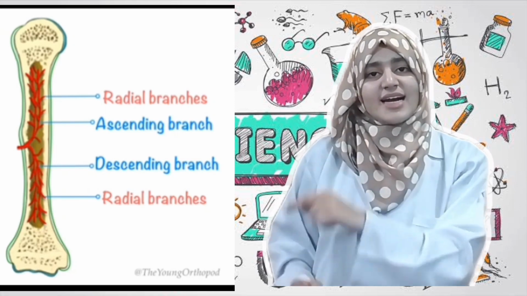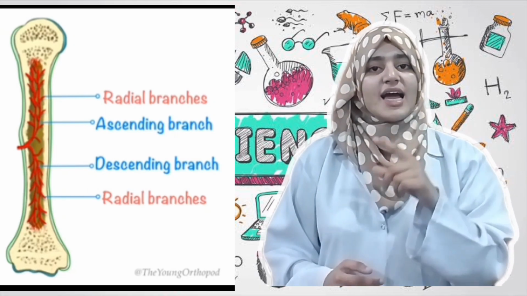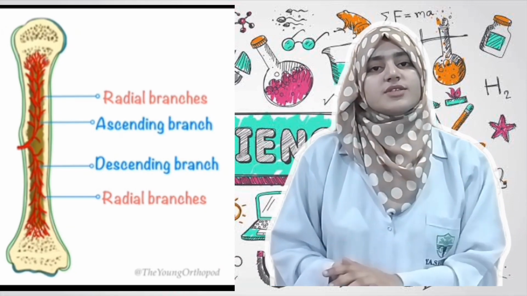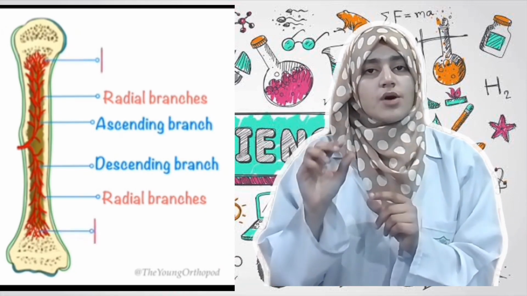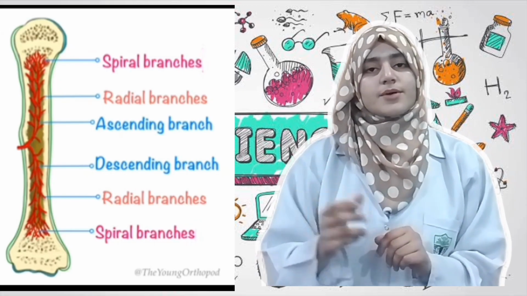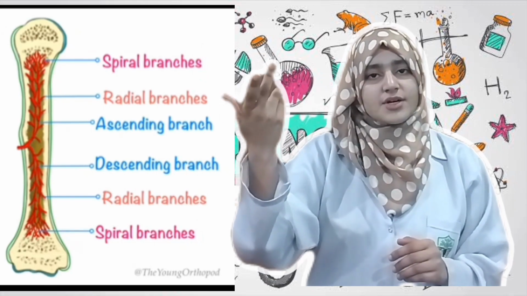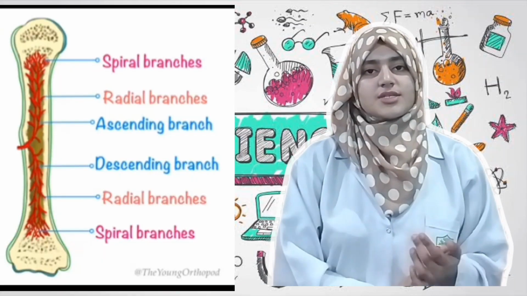The ascending and descending arteries are continuously divided, and at the ends of the bone they form small spiral branches. The small spiral branches then anastomose with the metaphyseal arteries or epiphyseal arteries.